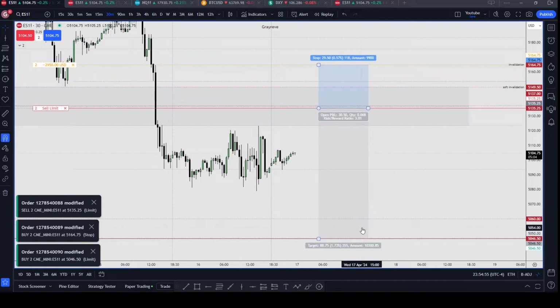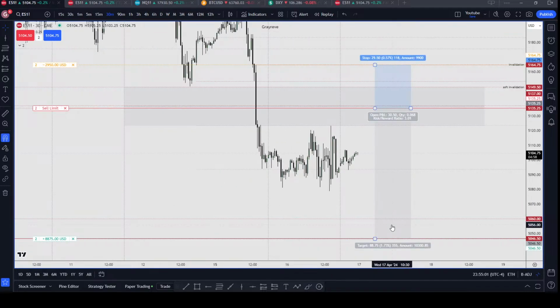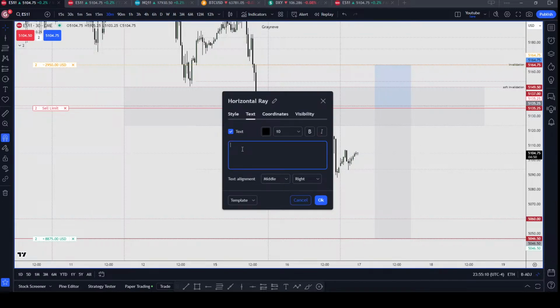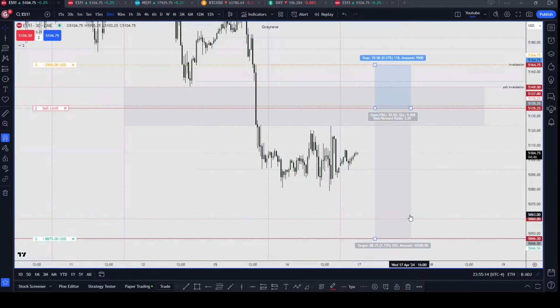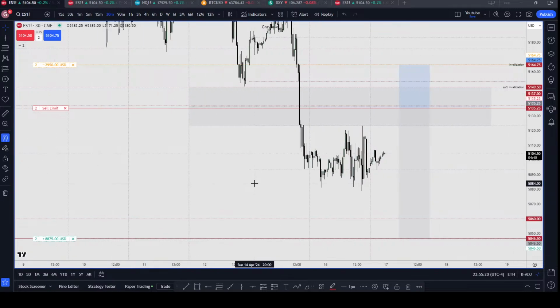So this is the target here, and I'll be taking 1 contract out down here. So my initial take profits will be right here. This is the target 1 monthly fair value gap. Okay, so target 1 right here, but I can't set that now. I have to wait until my orders are filled before I can do that, right?